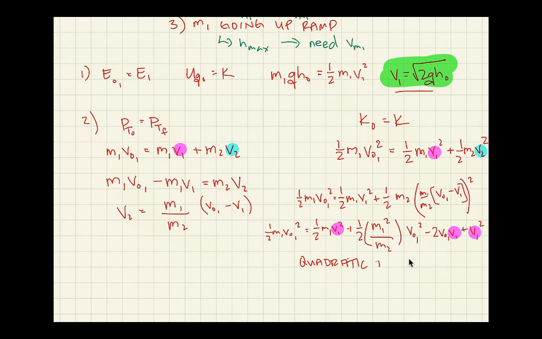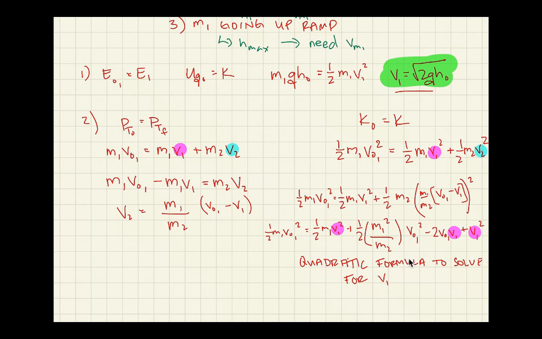But quadratic formula to solve for v1. When you do that, you're going to get two answers, right? Because when you do the quadratic, you're taking the square root of something and that'll have a plus or minus. And so you need to choose the answer that makes sense in the given context.